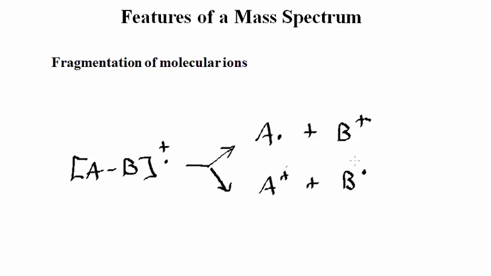This is because it's well in excess of bond dissociation enthalpies in organic molecules. So the fragments may be unstable as well and in turn break apart into even smaller fragments. However, only the positively charged cations are going to be recorded or detected by mass spectrometry.